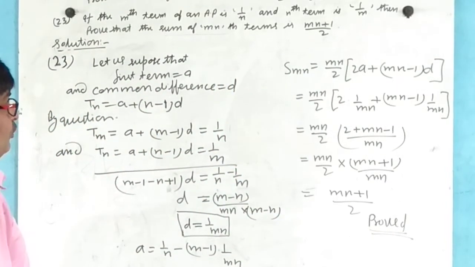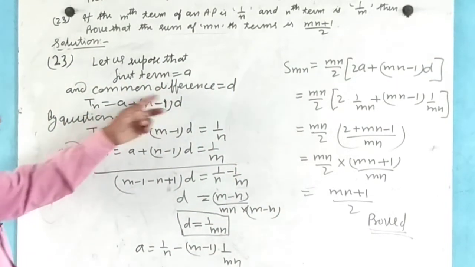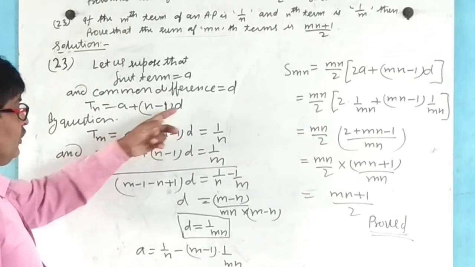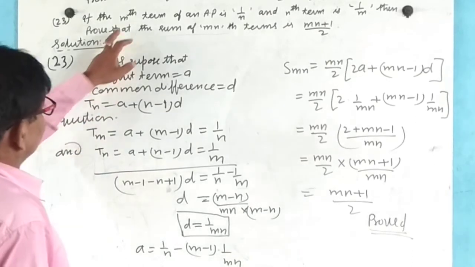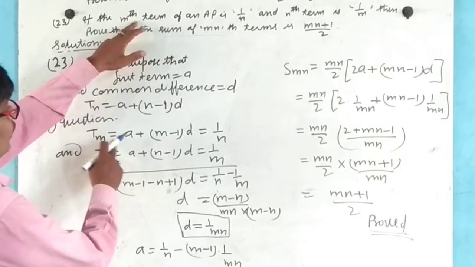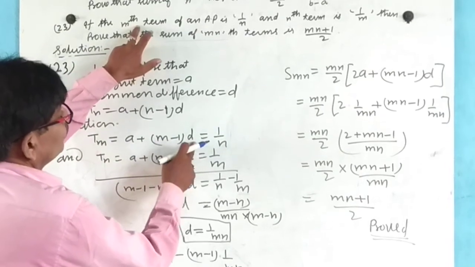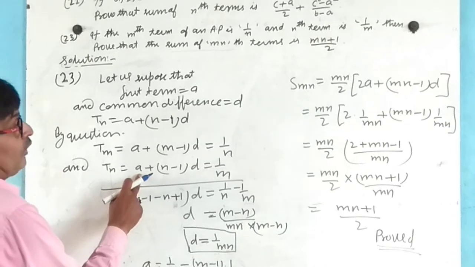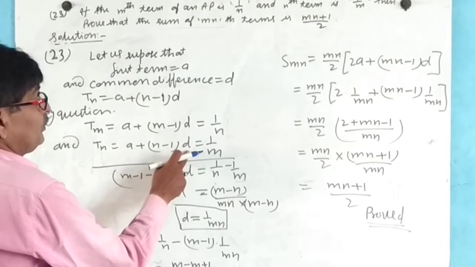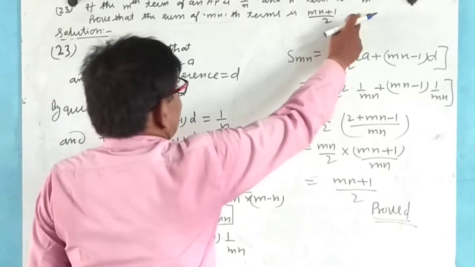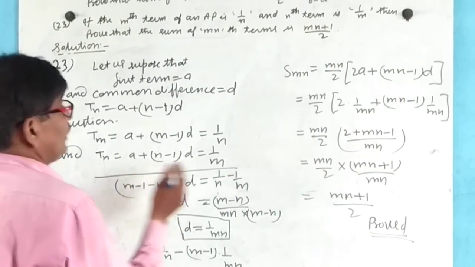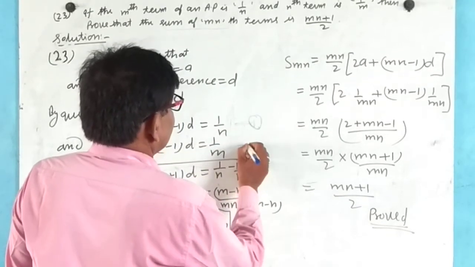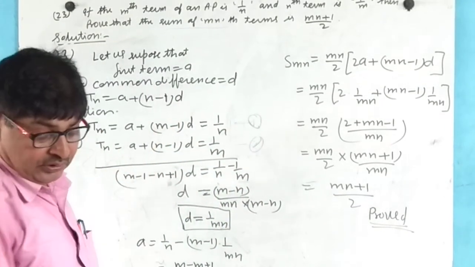Now let us suppose that the first term is a and common difference is d, so that the nth term is a + (n - 1)d. By the question, the mth term Tm is equal to a + (m - 1)d, which is 1/n, and the nth term Tn is equal to a + (n - 1)d, equal to 1/m. With the help of solving, this is the first relation and this is the second relation here.